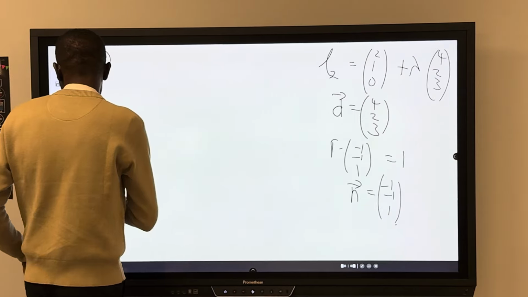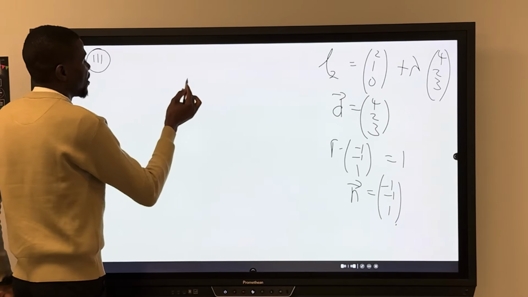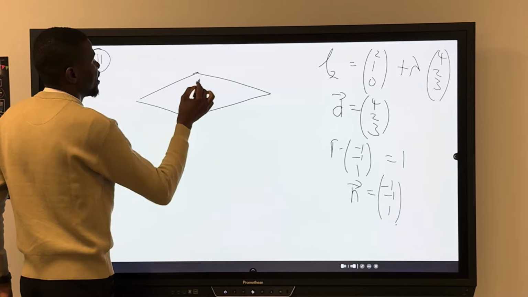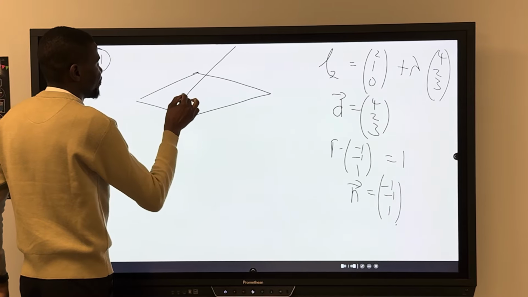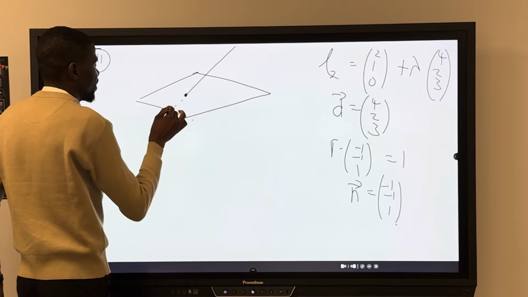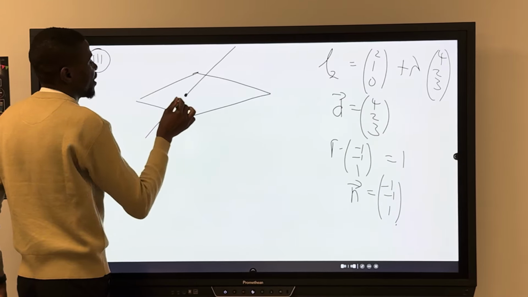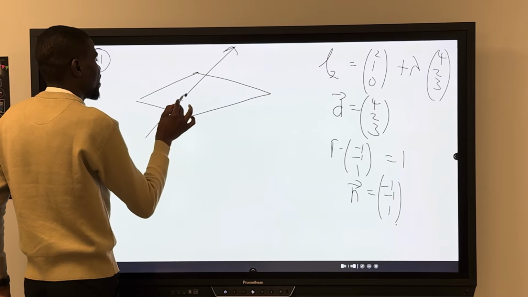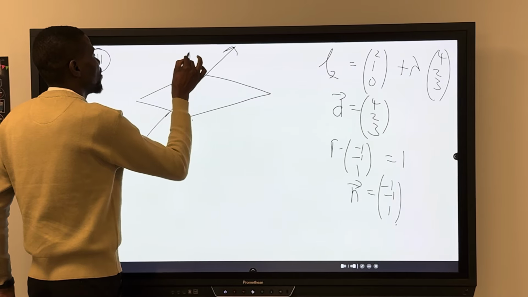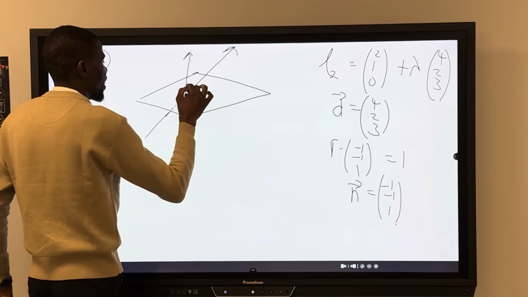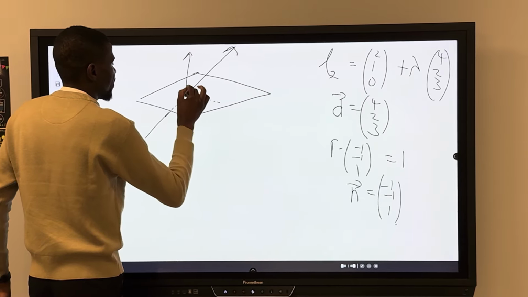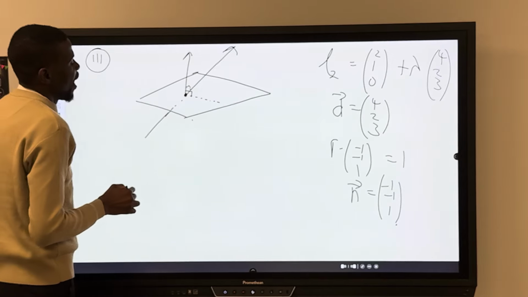Right. So guys, let me quickly draw this. So we have our plane here, right? And we have this line, that's the direction vector. Then we have the normal to the plane here. All right.